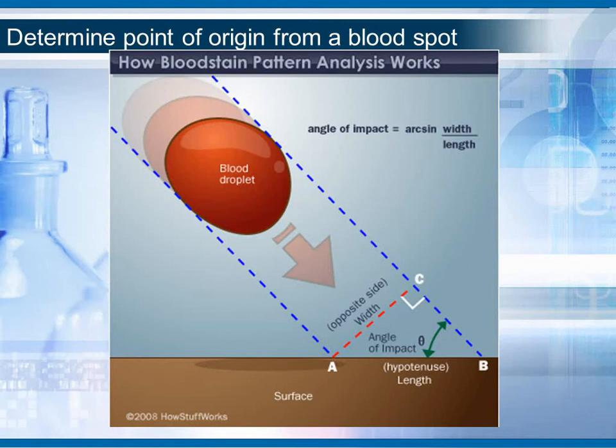The other value, this value over here, from B to C, you will have too. How can you get this value B to C? Imagine this blood spot hit the ground and fell. What part of the blood spot would be this portion right here? Where could you get that from?